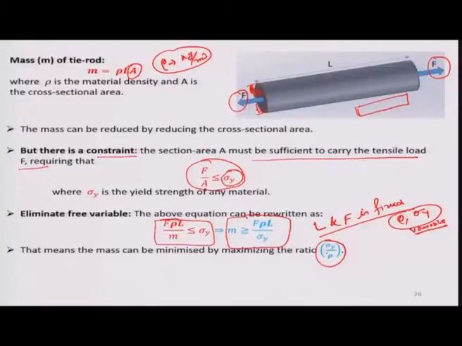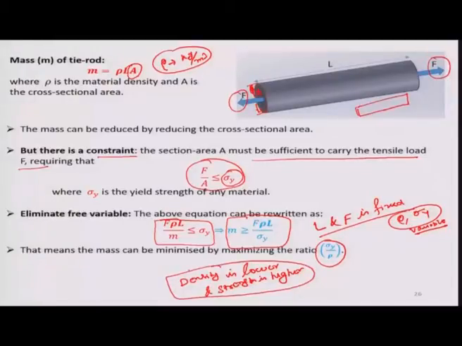It means if we select a material such that its density is lower and strength is higher, then what will happen? The mass of the tie rod will be minimized.